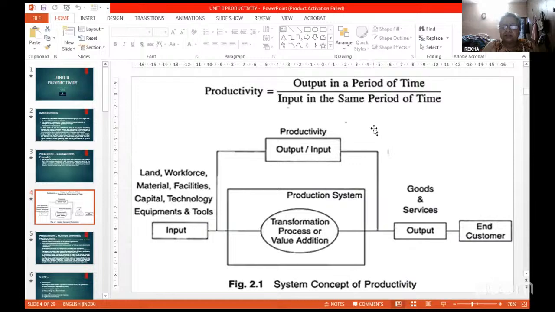The production system is transforming that input, through the transformation process, into the desired output, which can be goods as well as services. Transformation process or value addition, because whatever you are getting should have greater value than what you have been putting in. So output is what? Goods and services, and that goes to the end consumer or customer.